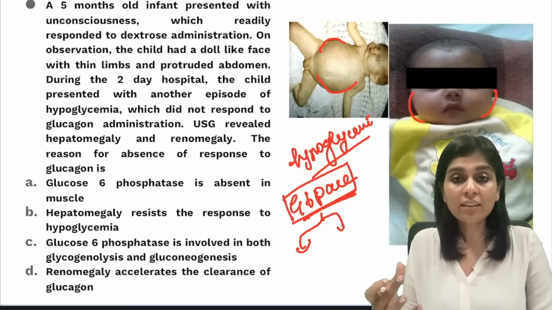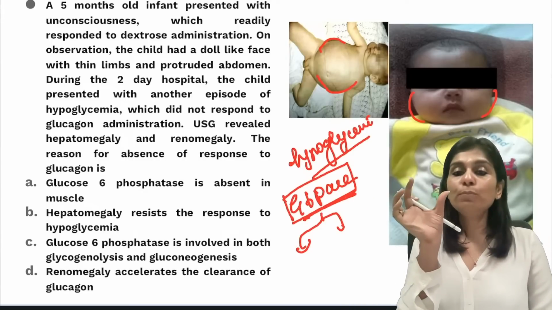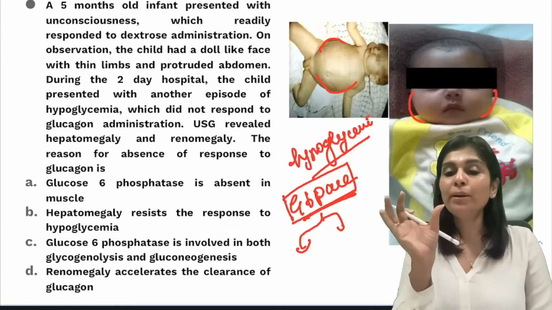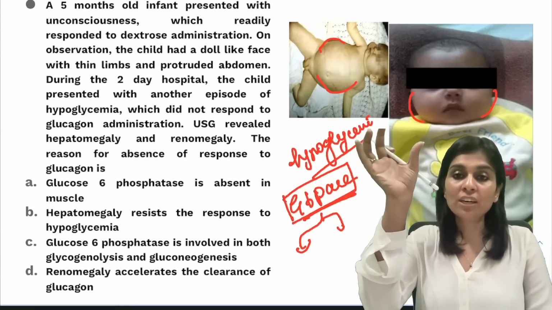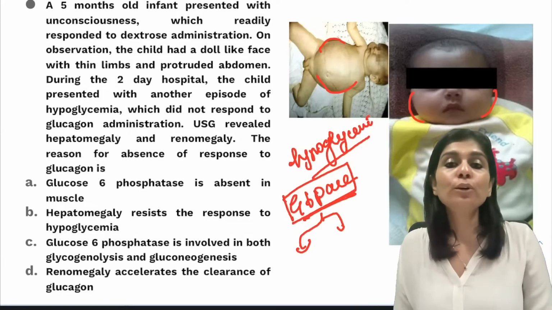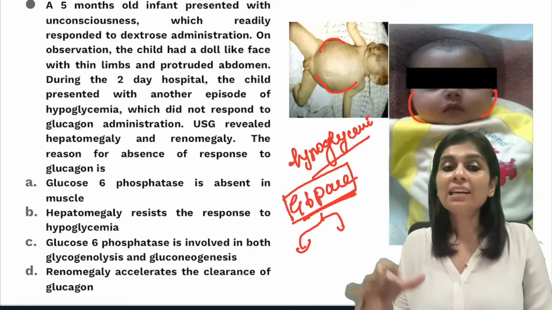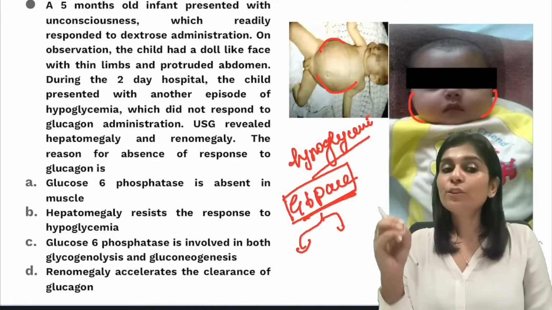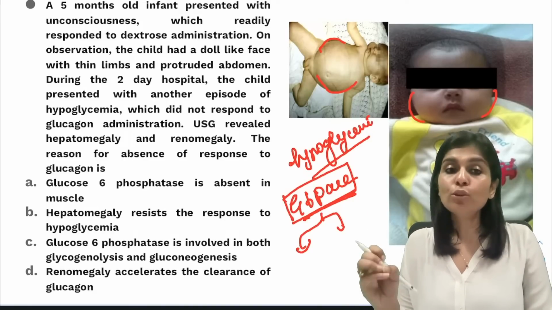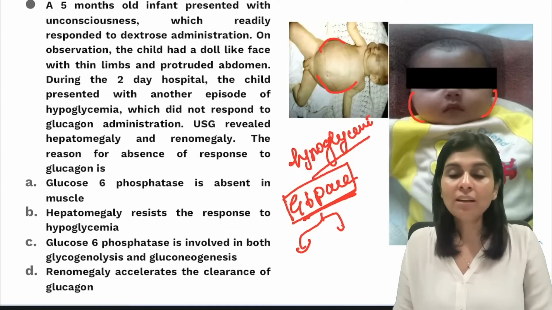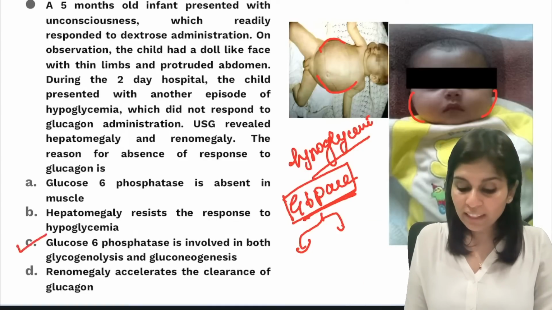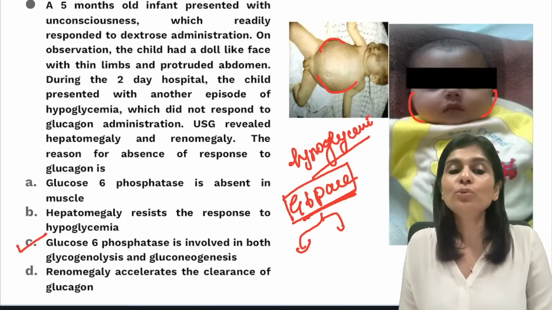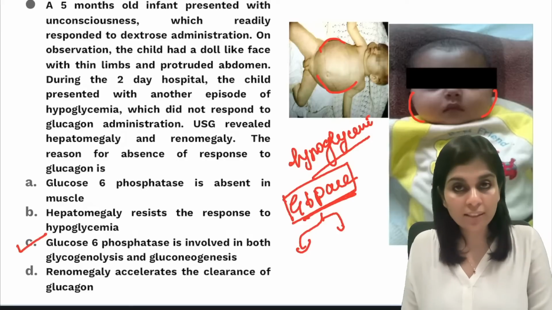In von Gierke's, it will end at glucose 6-phosphate; beyond that, it cannot become glucose. So what would be the answer? There is no response to glucagon administration because glucose 6-phosphatase is involved in both glycogenolysis and gluconeogenesis.